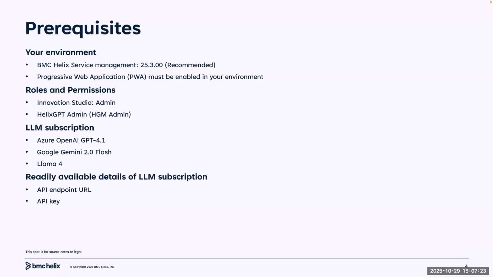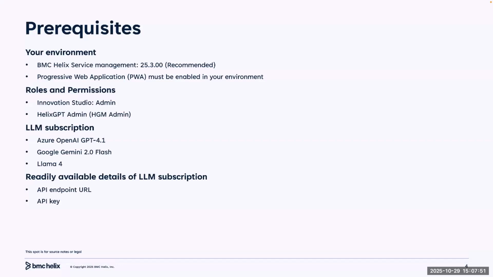You also need to have the PWA app enabled in your environment. You will need to have admin permissions for both Innovation Studio and HelixGPT. You will need to use your own LLM, your own large language model, any one of the different providers on the list here.